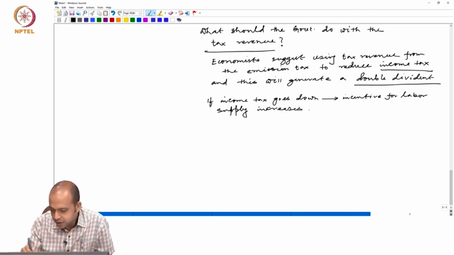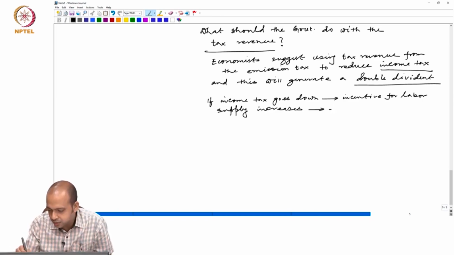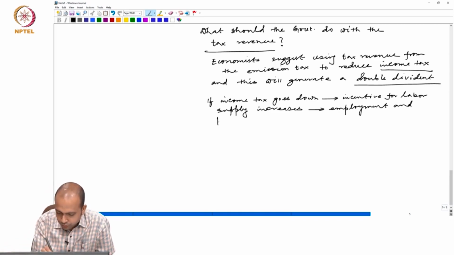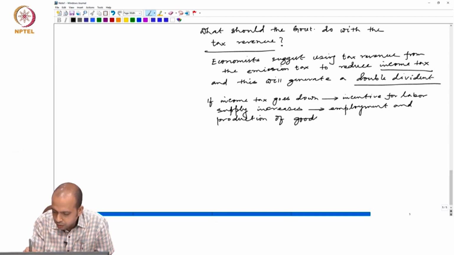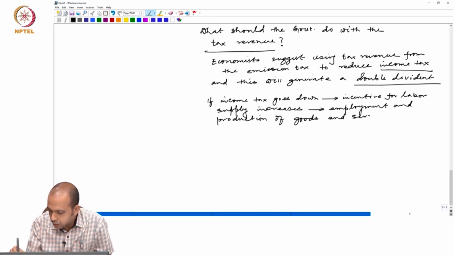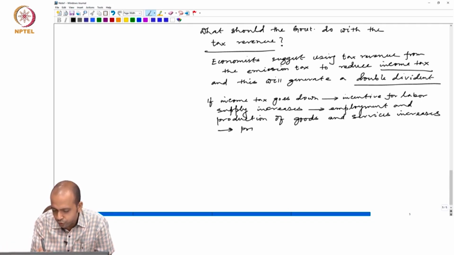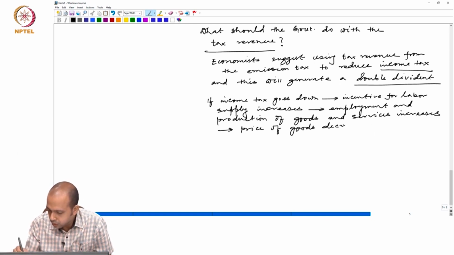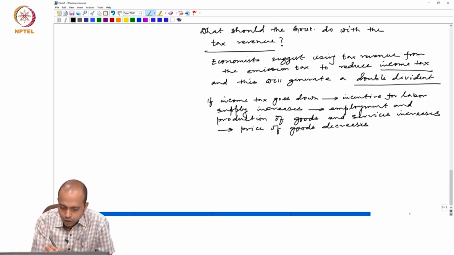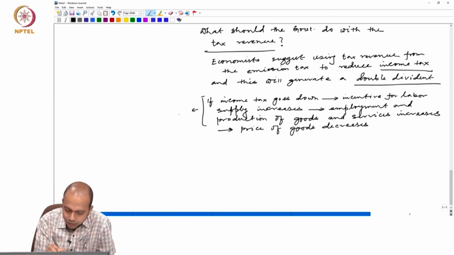Labor supply increases, and when labor supply increases, then employment increases, and production of goods and services increases, and as a result of which the price of the product decreases. So, this is called revenue recycling.